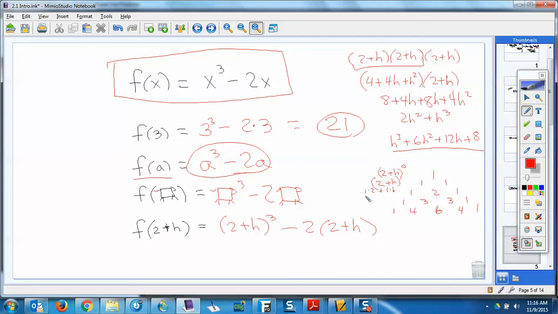The next row is 2 plus h to the second, the 1, 2, 1. So that would mean it is 1 times 2 squared plus 2 times the inner product, which is 2h, plus 1 times the h squared. And so that'd be 4 plus 4h plus h squared, right?